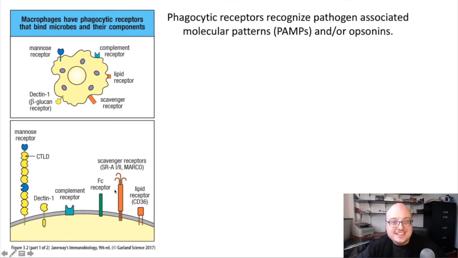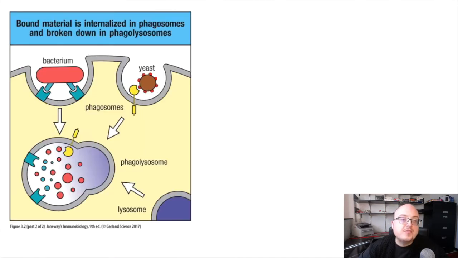But once they've been eaten, what happens to them? Why is phagocytosis so good at controlling infection? Well, we can look at it this way. So when bacteria or yeast bind to their various phagocytic receptors, they are internalized within a membrane-bound compartment called the phagosome. So this looks just like an endosome, but it's through phagocytosis, so we call it a phagosome.